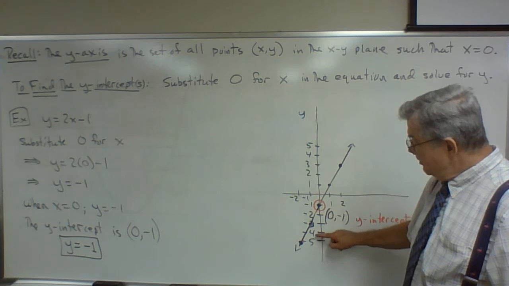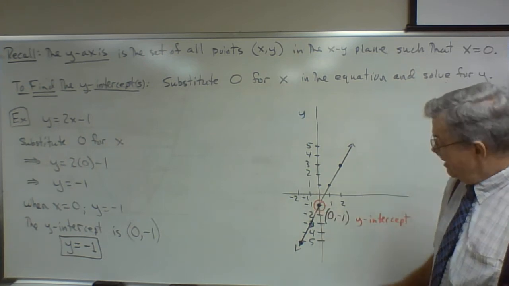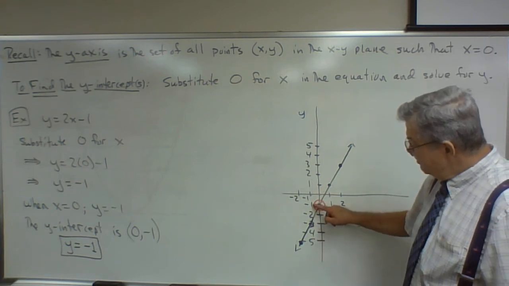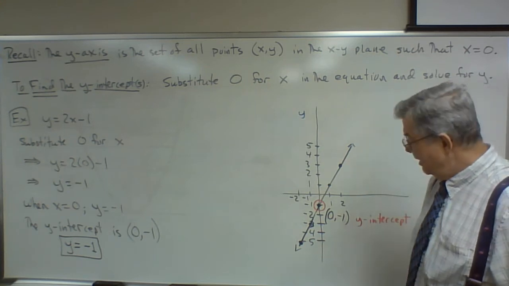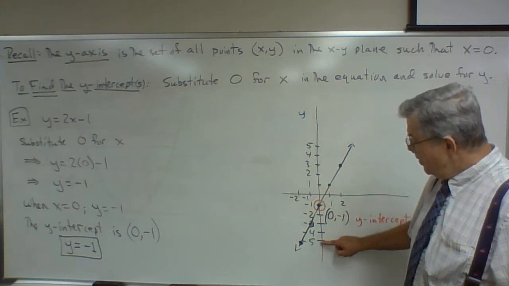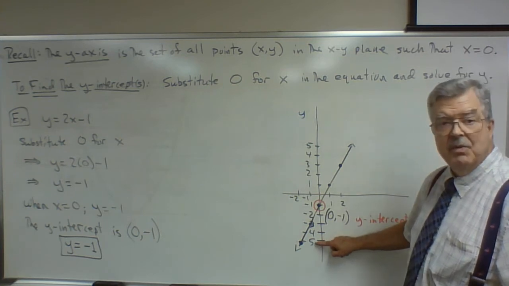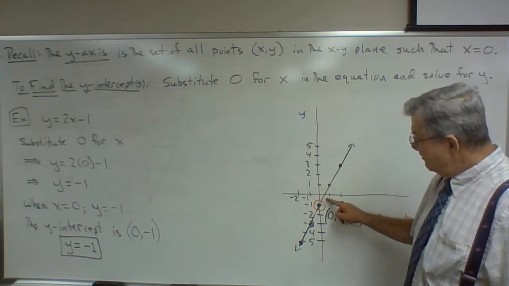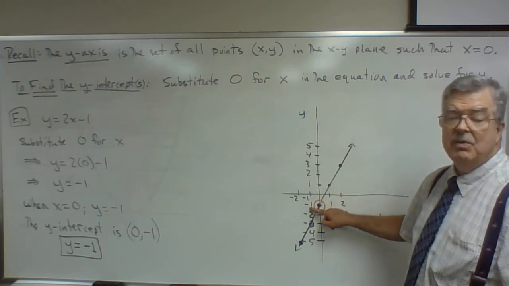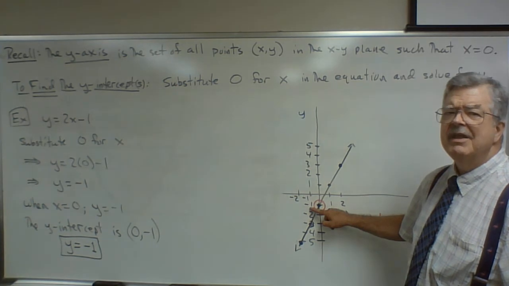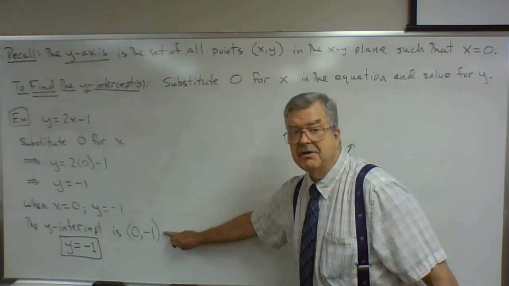We haven't put down the x-coordinate of any of those points because these points are labeling points on the y-axis. We already know that x is 0 there. So points on the y-axis are defined just by giving the y-coordinate. And where the graph crosses the y-axis, we're going to see the y-coordinate there. We're not going to see an ordered pair.